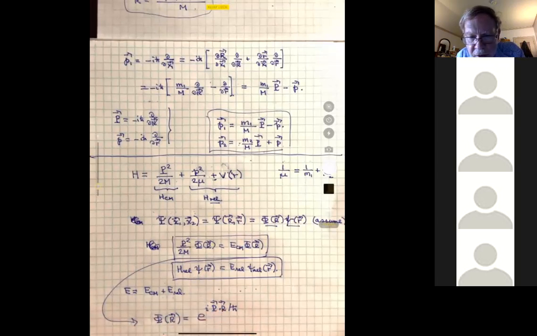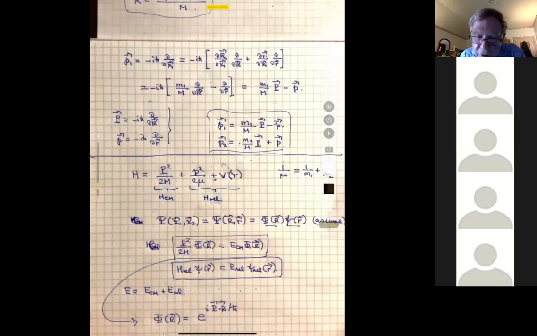As long as you're thinking physically, however, it's worthwhile remembering that in this relative wave equation, variables like lowercase r here, for example in the hydrogen atom, you'd look at this equation and you'd say, oh, r is the position of the electron. Well, actually, it's not. It's the position of the electron relative to the position of the proton. In other words, dynamically speaking, it's really a function of the positions of both particles.